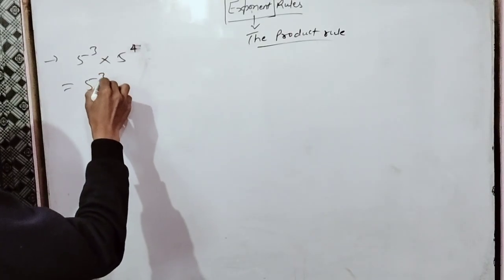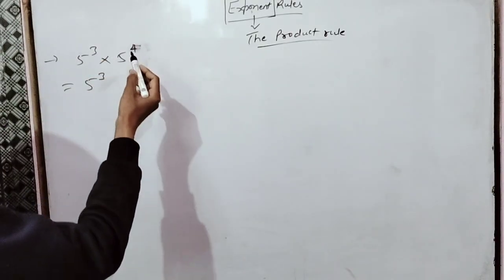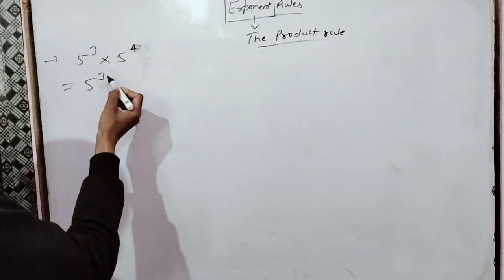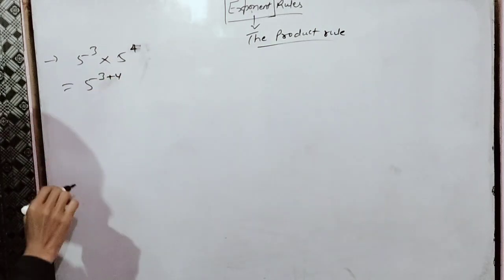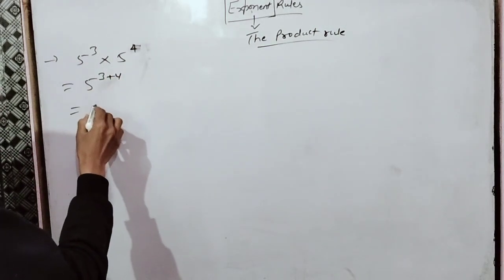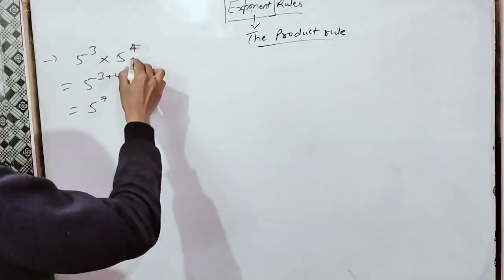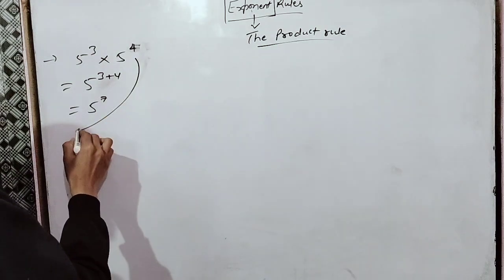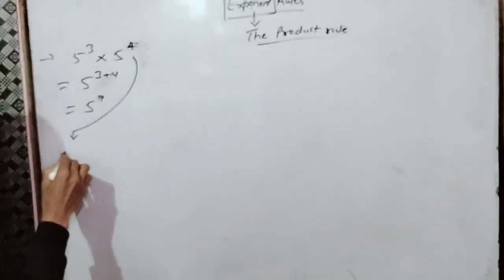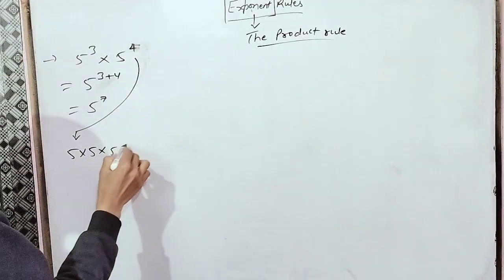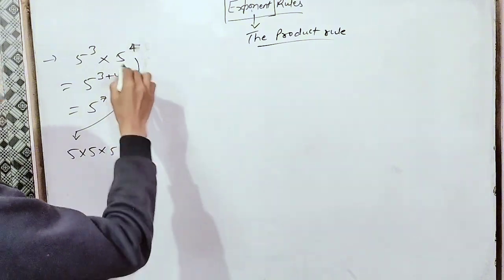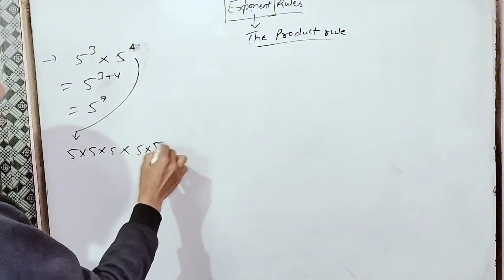So now we are going to add our exponents. This is an exponent and this is an exponent, and we know this is the base, this is the base. Now we have how many times? 7 times. So it is the same. Does it make sense? We can write it as 5 multiplied 3 times, and then again 5 multiplied 4 times.